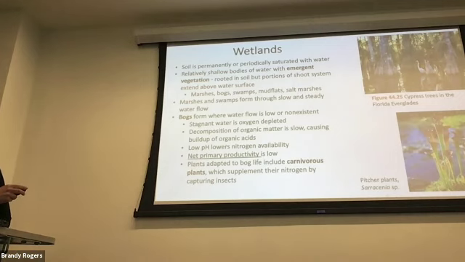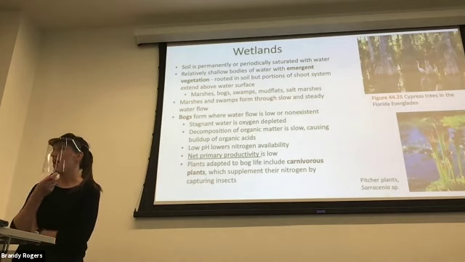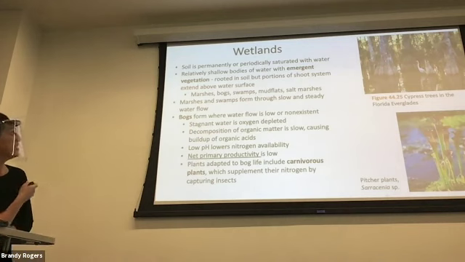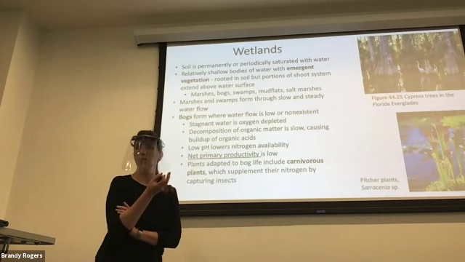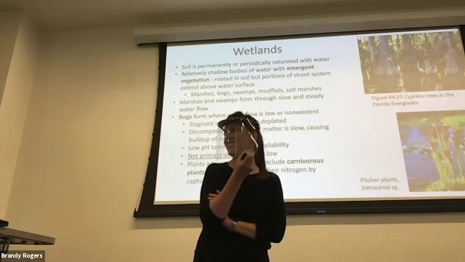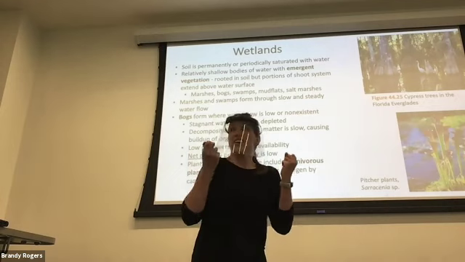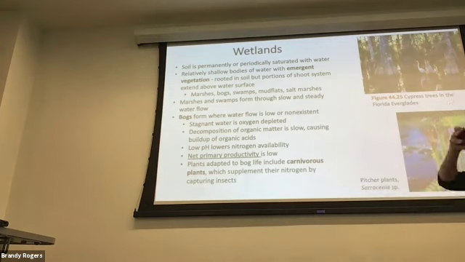Marshes and swamps are going to form through slow and steady water flow. Okay, so very, very slow, gradual flow of water. Even something like the Okefenokee Swamp. You guys ever been to the Okefenokee or know where it is? Where's the Okefenokee? Right there. You guys gotta go. It's in Georgia. It's our big swamp. It's huge. Like the lower half of the state is the Okefenokee Swamp.